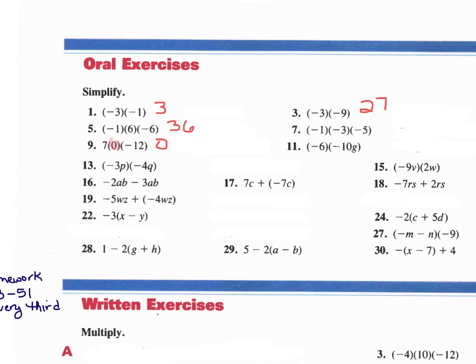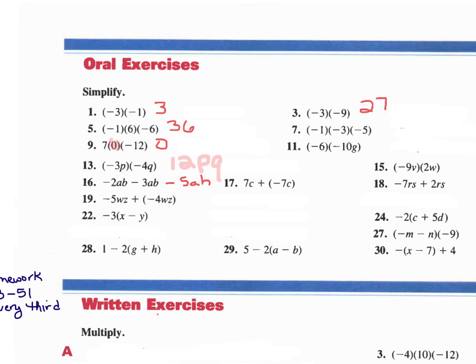All right, let's jump down to number 13. What is negative 3p times negative 4q? 12pq. Good. All right, notice number 16. Again, they're changing it up. It's subtraction. So what is negative 2ab minus 3ab?